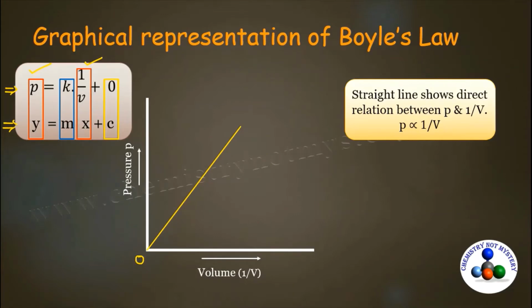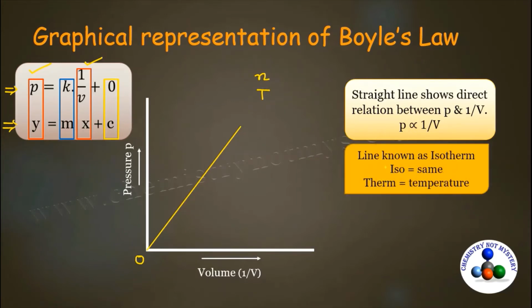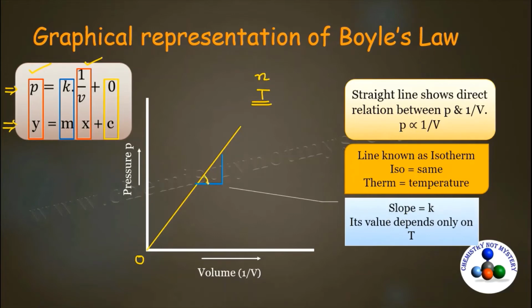Pressure and volume relation was established at constant number of moles and constant temperature. That's why this line is known as an isotherm. Iso means same and therm means temperature, meaning the experiment was conducted at constant temperature. And this is the slope. This slope is equal to K and its value depends only on temperature.